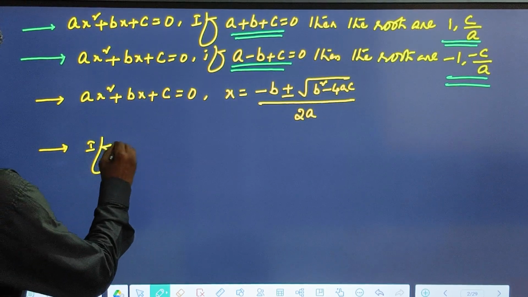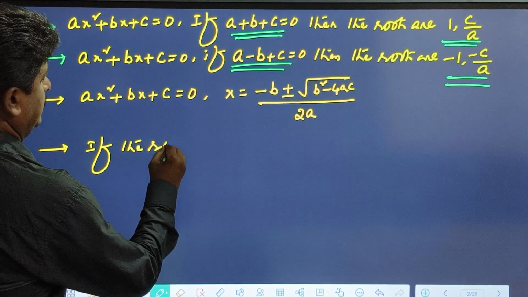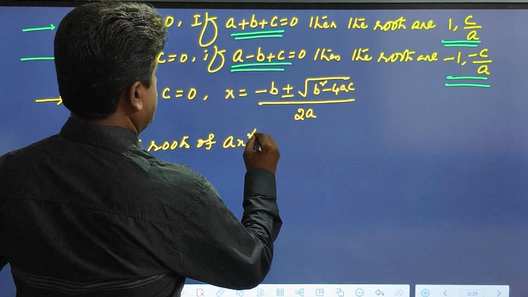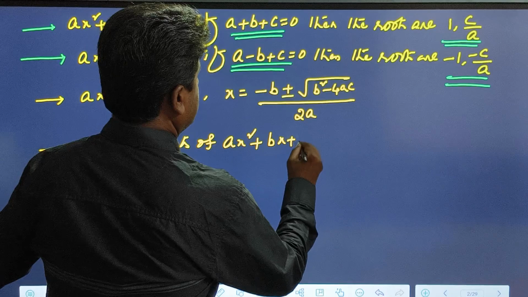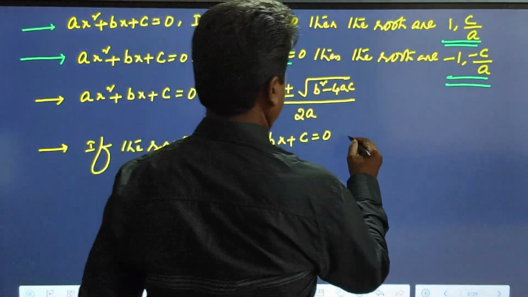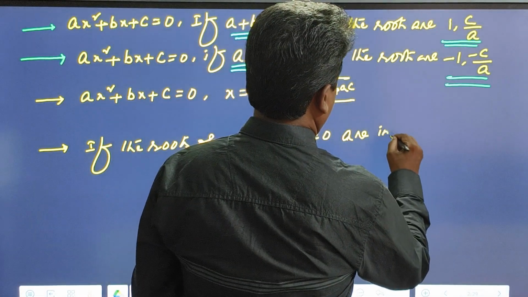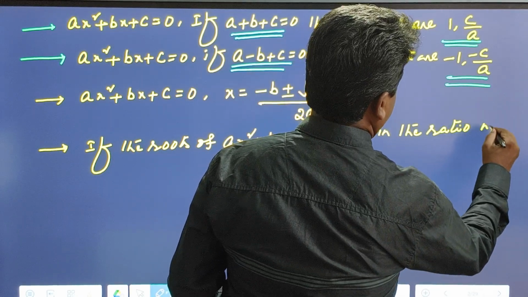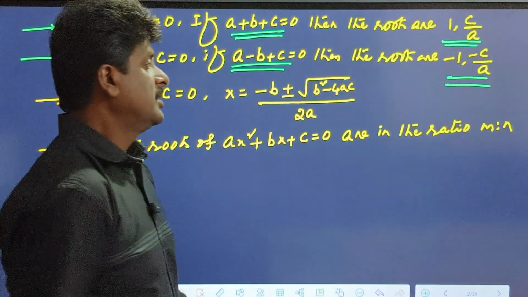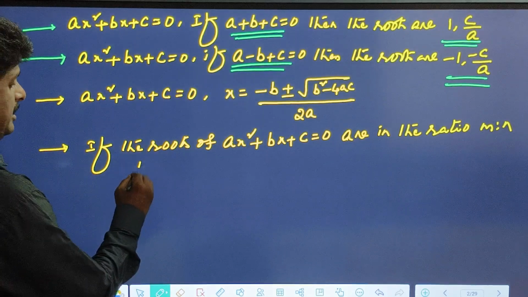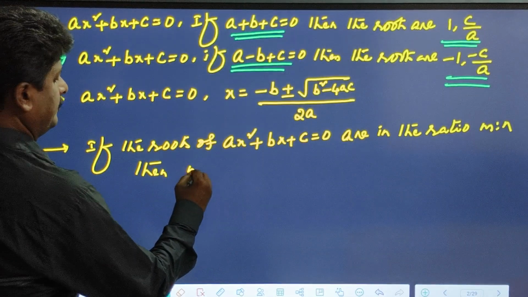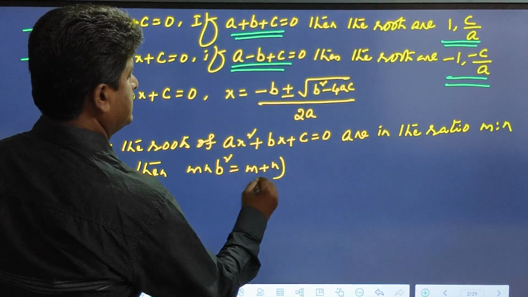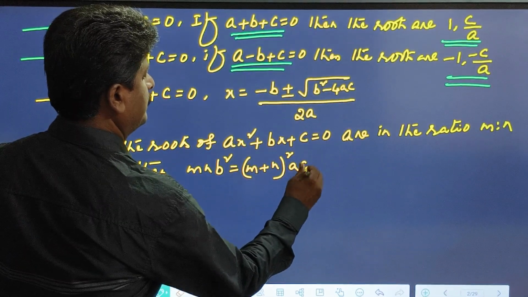And also, if the roots of ax square plus bx plus c is equal to 0 are in the ratio m is to n, then the condition is mn b square is equal to m plus n whole square into ac.